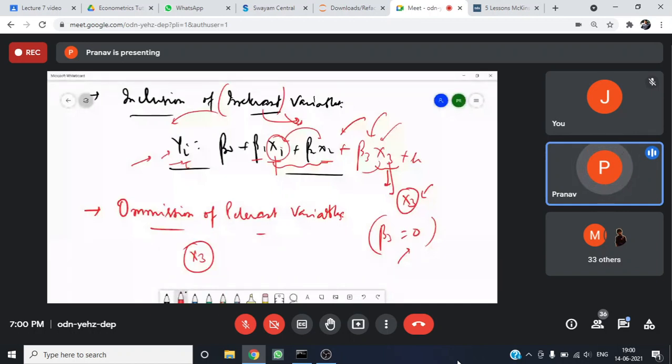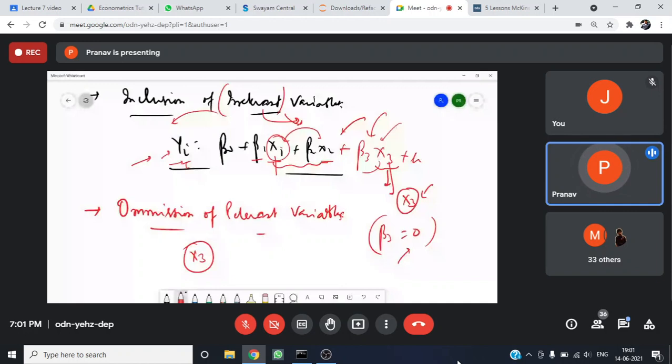But R square does not guarantee an increase in the explained sum of squares if you keep adding more explanatory variables. So if x3 is irrelevant, it means what?